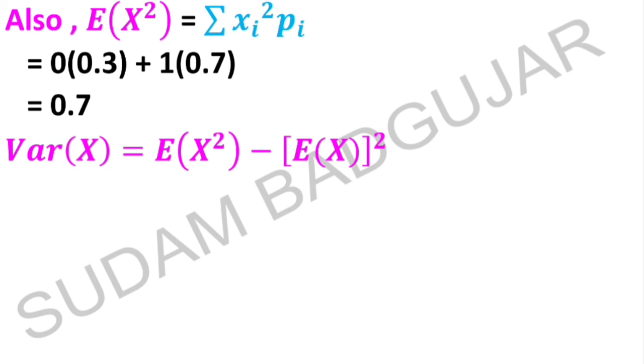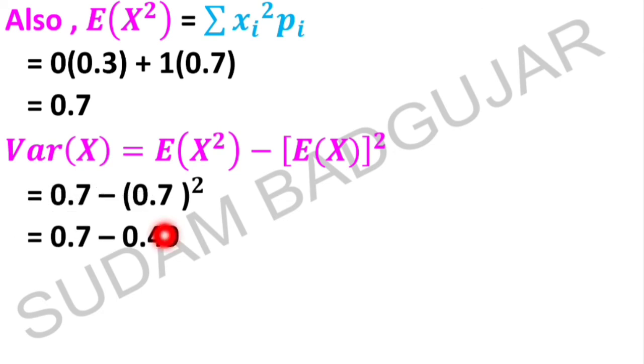Variance of x is equal to E of x square minus E of x the whole square. Substitute both the values here. 0.7 minus 0.7 the whole square is nothing but 0.7 minus 0.49. After simplifying you will get 0.21. This is the variance.